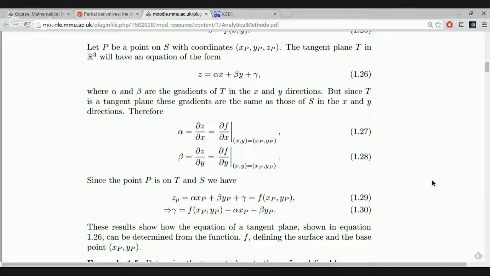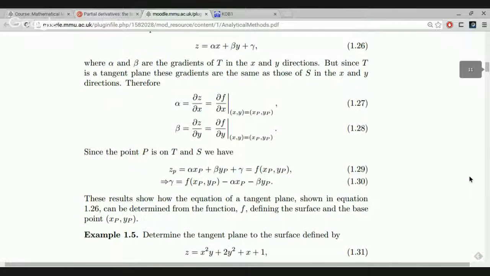So a constant times x plus a constant times y plus another constant, gamma. These alpha, beta, and gamma are real constants. So in order to describe T, we'll have to give a concrete description of alpha, beta, and gamma. And that's what's given in the notes there.